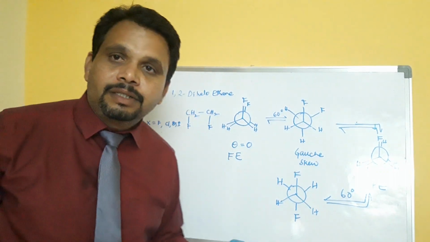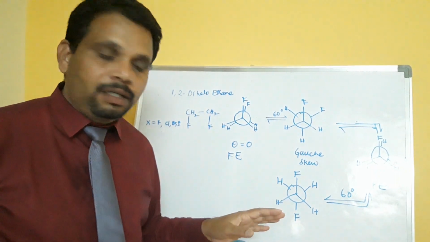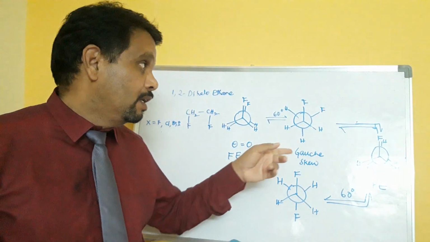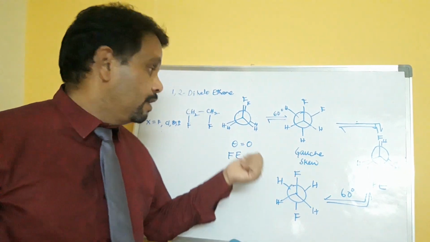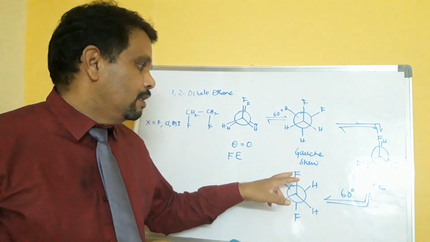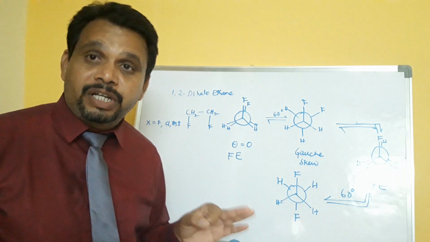So generally, without thinking, we can say that staggered or anti-conformer is more stable than gauche or partially eclipsed or fully eclipsed. But here there is a possibility of hyperconjugation.